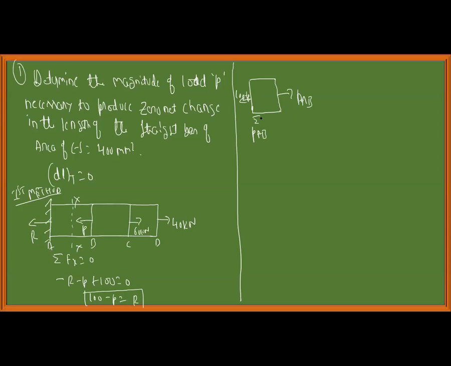Summation of forces in x direction is equal to 0. P of AB minus of 100 minus P is equal to 0, or P of AB is equal to 100 minus P. Similarly, take the next section.